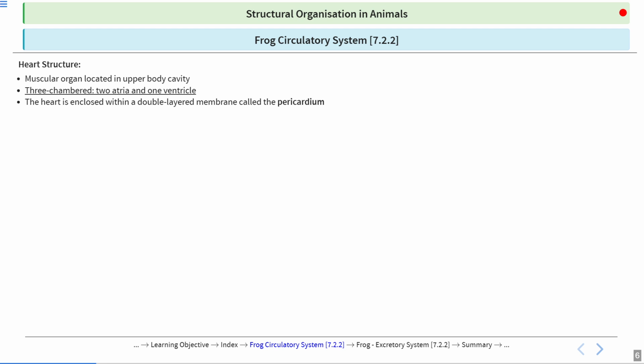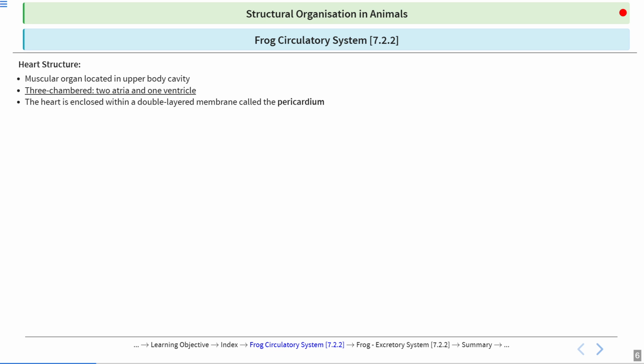The heart is enclosed within a double-layered membrane that is called the pericardium. So what is the function of the pericardium? The pericardium is a double-layered membrane present all over the heart. Between the wall of the heart and this membrane, there is some liquid substance present.